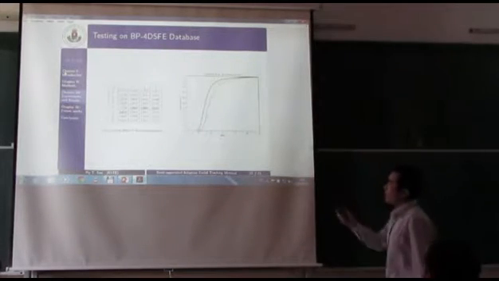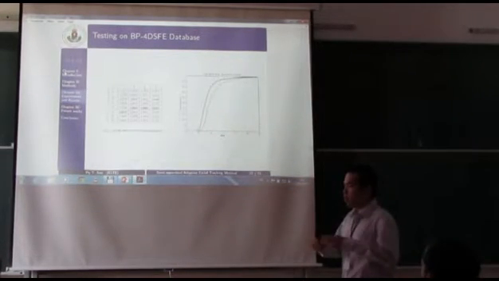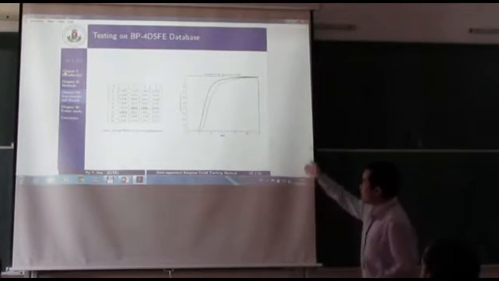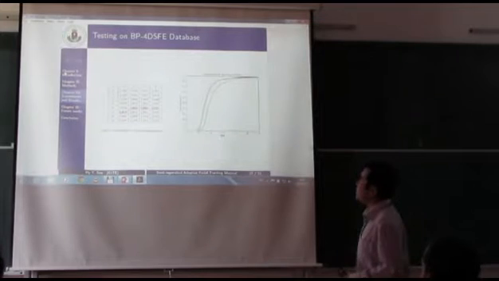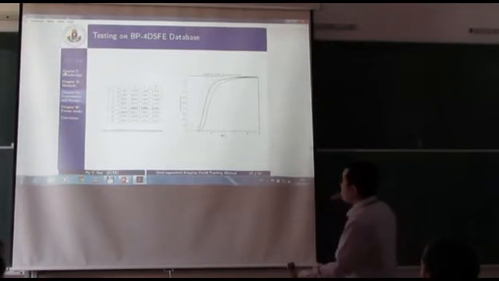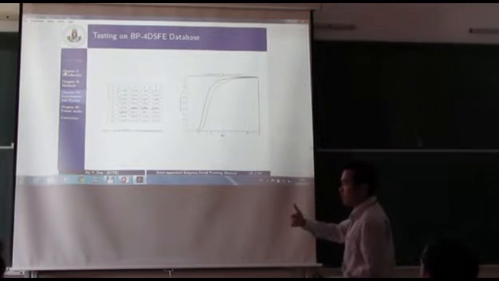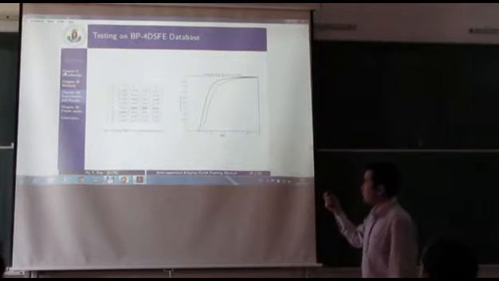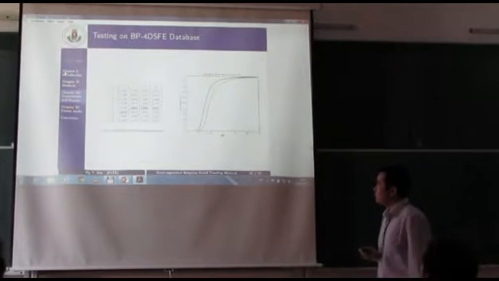And on the left-hand side, we have the table of our experiment. For example, the column represents the number of samples for the adaptation, and the row represents the number of iterations for SDM, and we can see that the adaptation really improved the result.